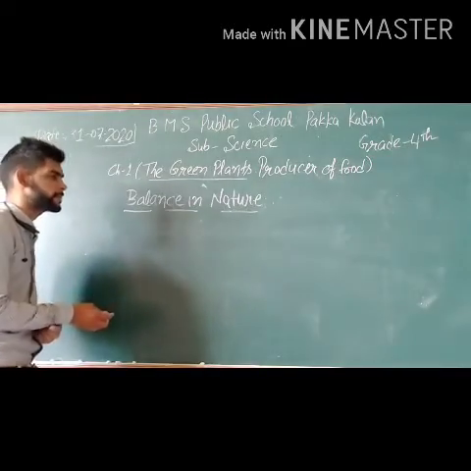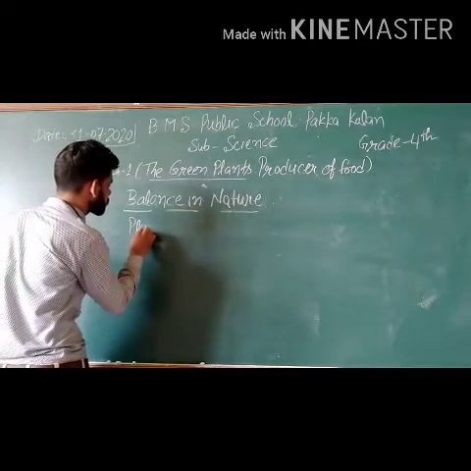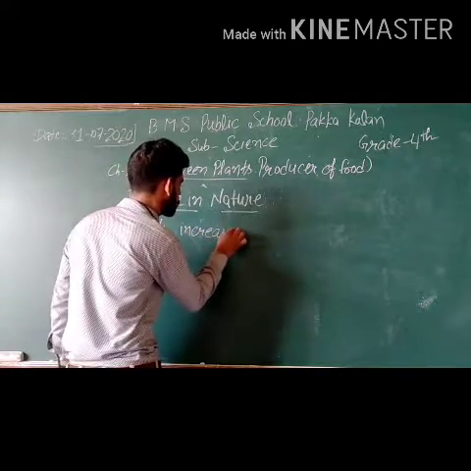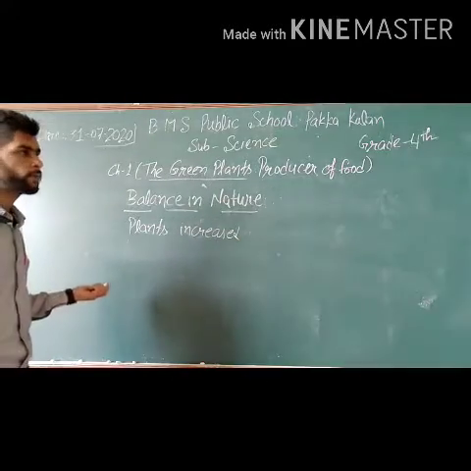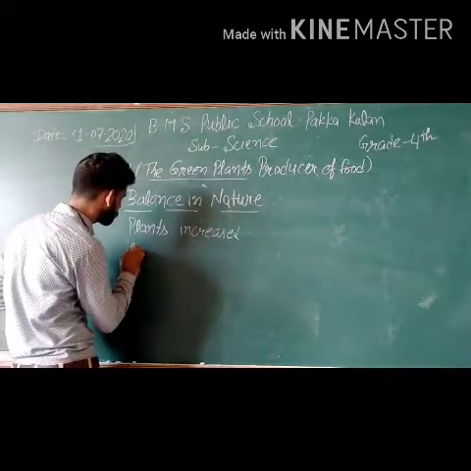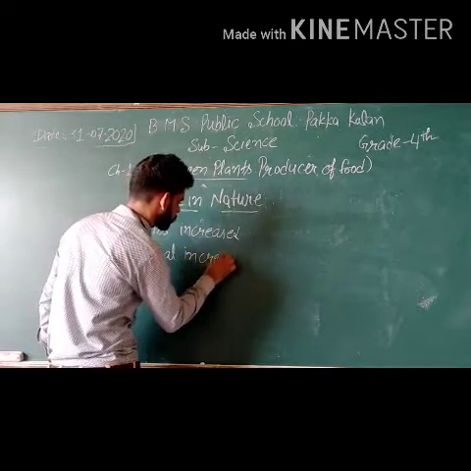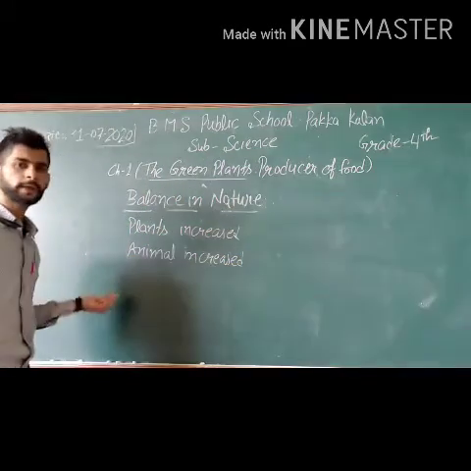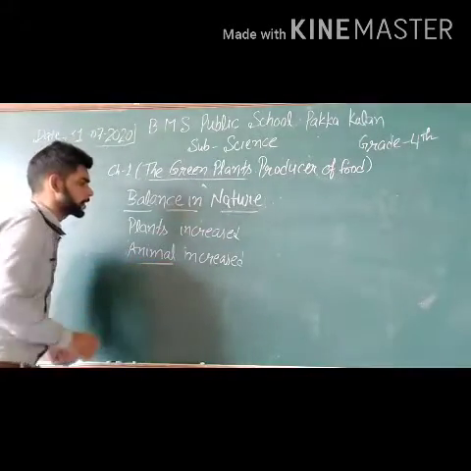If the number of plants increases, they require more carbon dioxide to prepare their food. If the number of animals increases, they also require more food from the plants, when the plants are decreased.